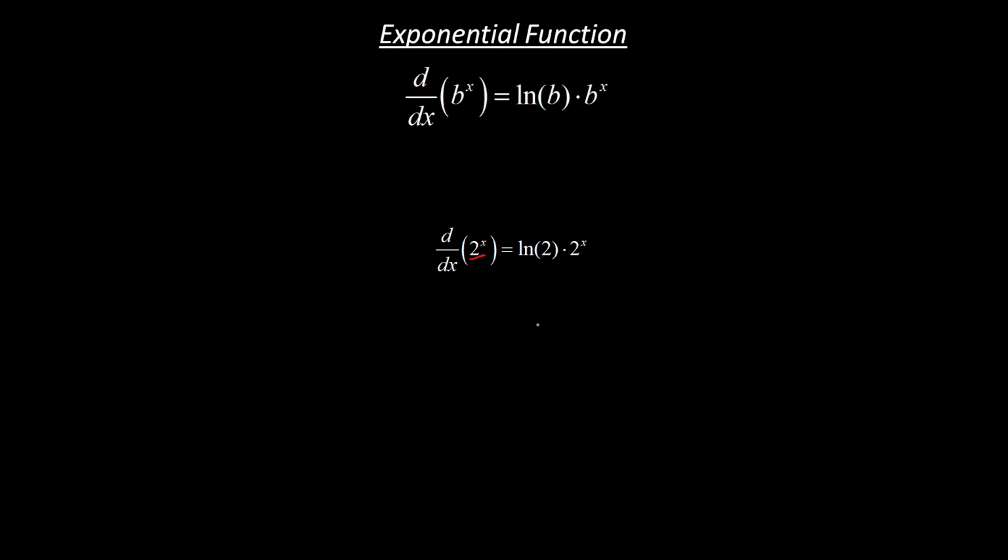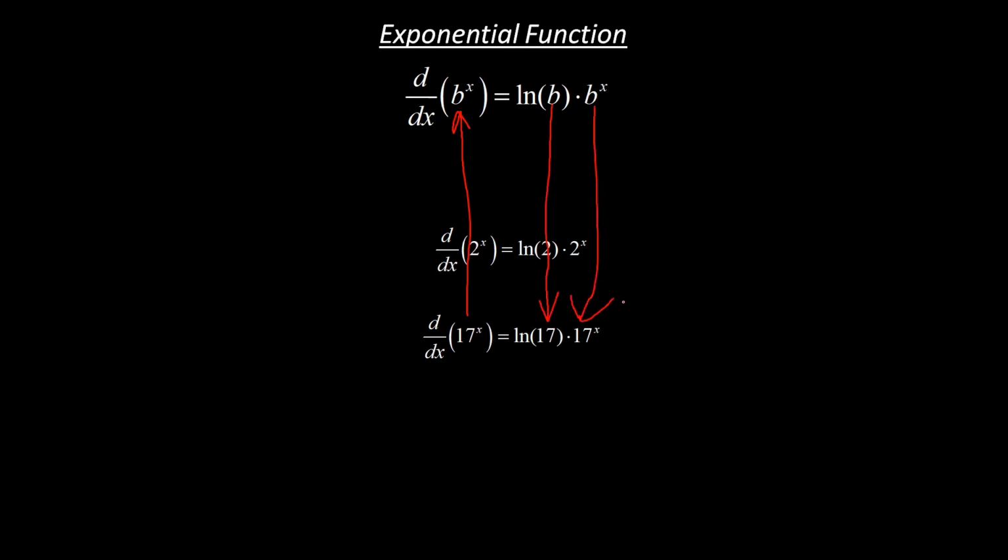So 2 to the x. We identify b as 2. And then so b is 2. What if it's 17? Just do the same thing. So b is now 17, and we'll just plug b in.